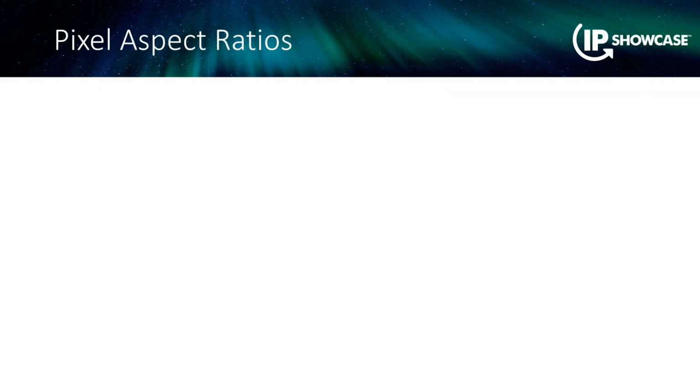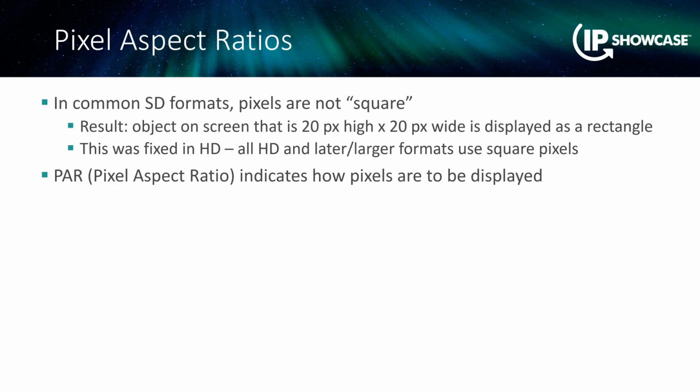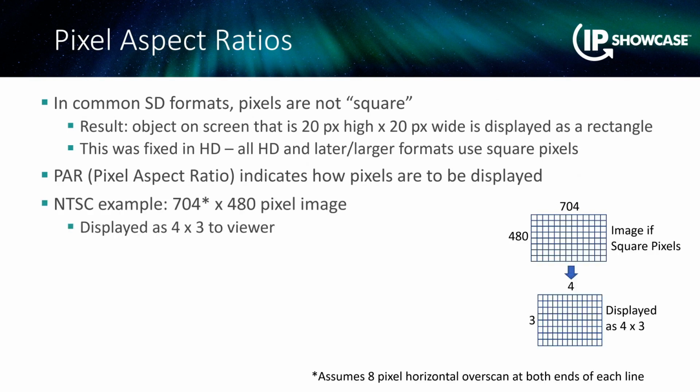One of the really fun things about standard definition video is that the pixels are not square. Okay? If you draw a rectangle or an object that's 20 pixels wide and 20 pixels high, it won't be a square on your display. It'll come out as a rectangle. So the pixel aspect ratio tells you how to do that correctly and to meet the originator's intent. So just a real simple numerical example here.